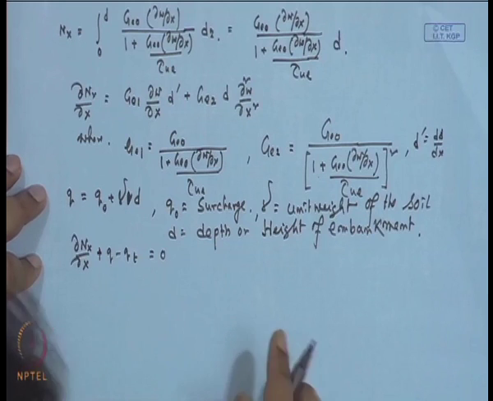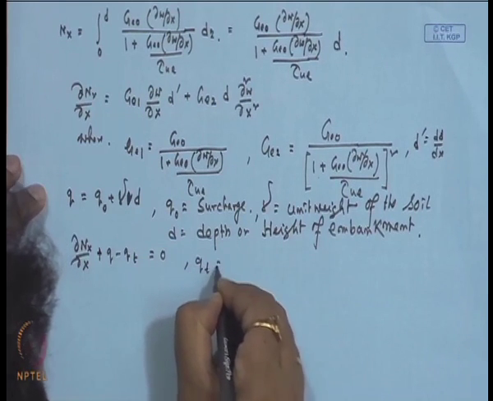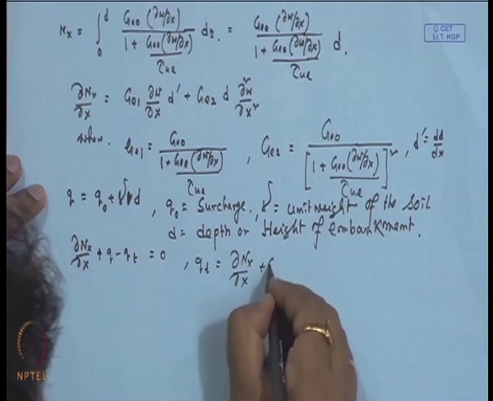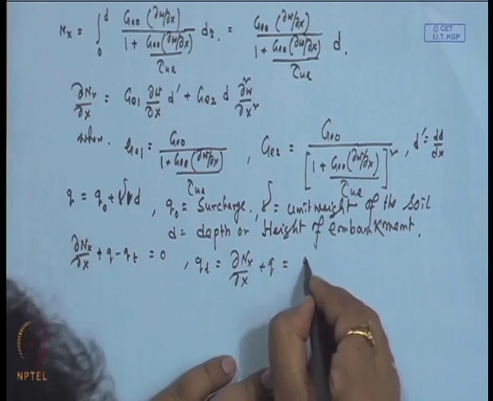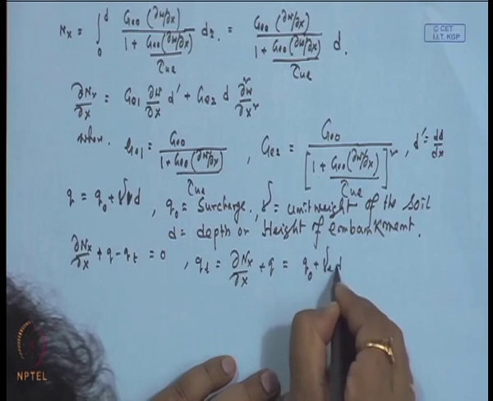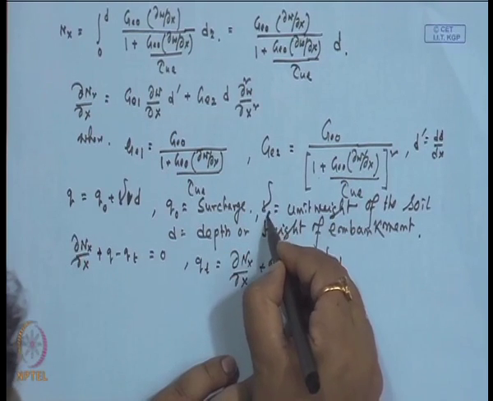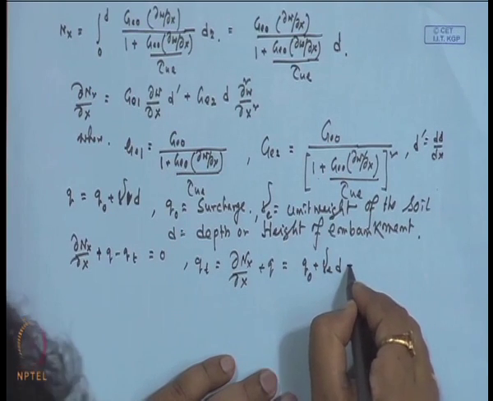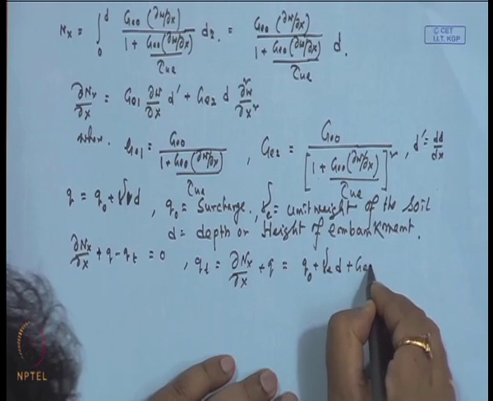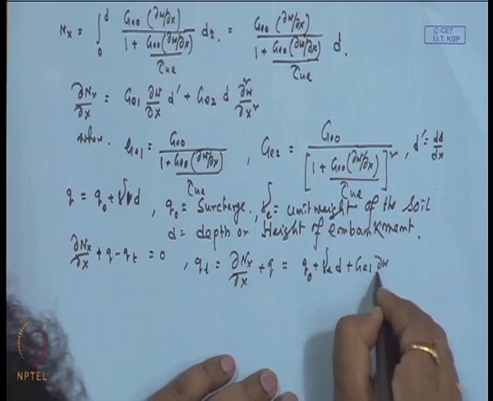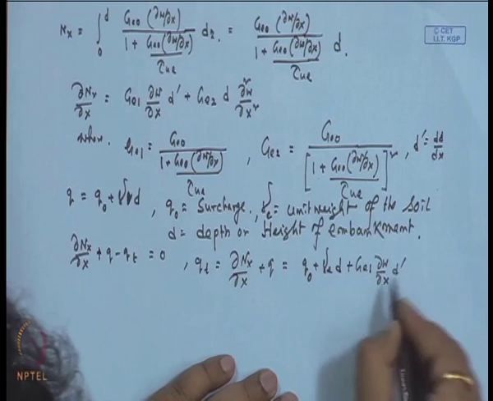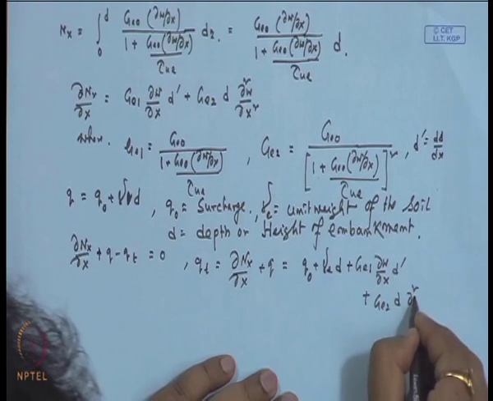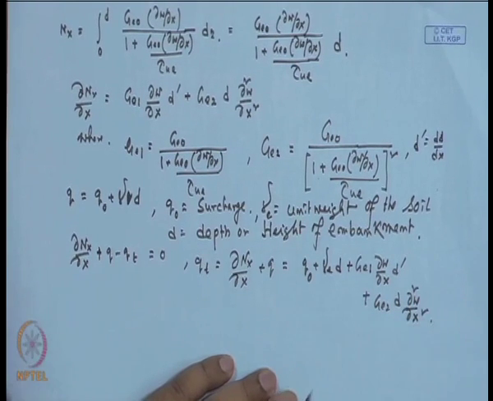So, once we put this value, q t will be equal to del N x del x plus q, that is equal to q 0 plus gamma e d, unit weight of the soil means embankment, plus G e 1 del w del x d dash plus G e 2 d del square w del x square.